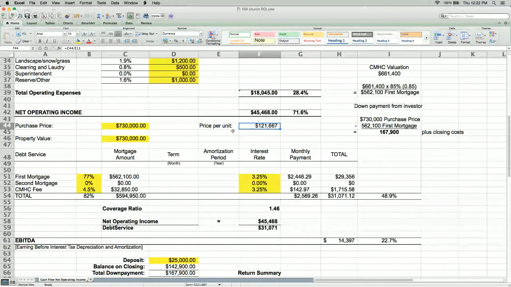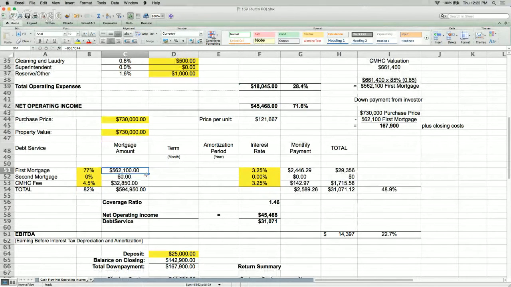Okay. So financing. I want to spend a few minutes here to help you guys understand how the CMHC financing works. So this property was sent to our contact at a commercial brokerage, because this is a commercial property. Therefore, they got commercial financing, and this investor received a first mortgage of $562,100.